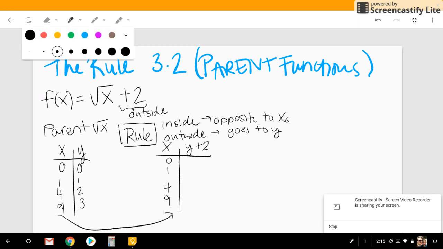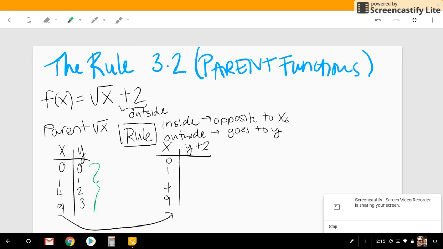I'm going to take these y's right here and add 2 to all of them, and put that in my new table. So 0 plus 2 is 2. 1 plus 2 is 3. 2 plus 2 is 4. 3 plus 2 is 5. This is the new table for my new function.